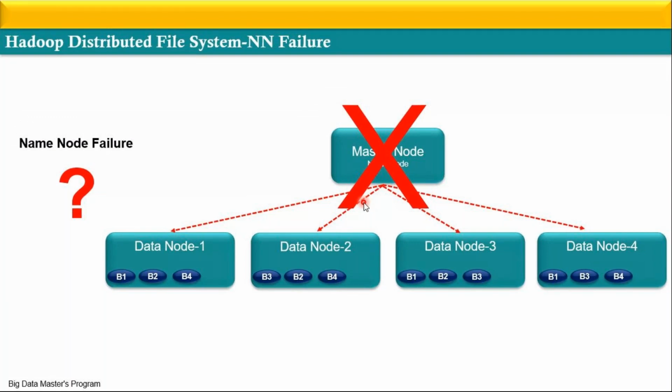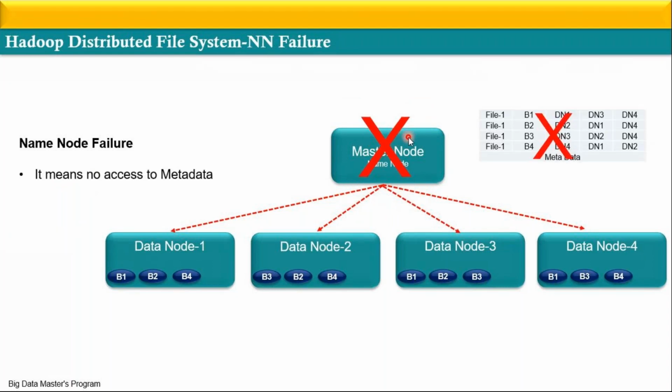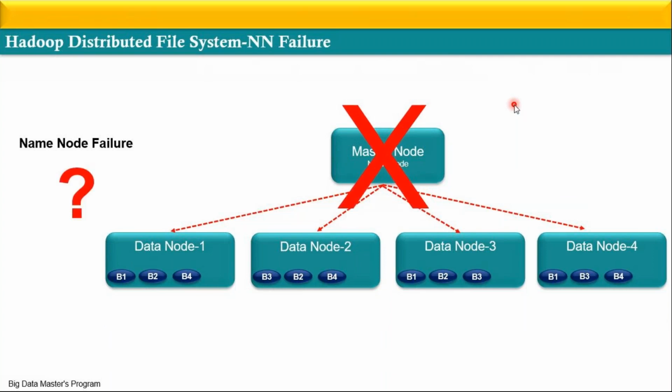Okay, moving further, if the master node is failing, what will happen in that particular case? Let me first explain this particular way. If the master node is failing, then definitely the master node is utilized in order to maintain what? Metadata.